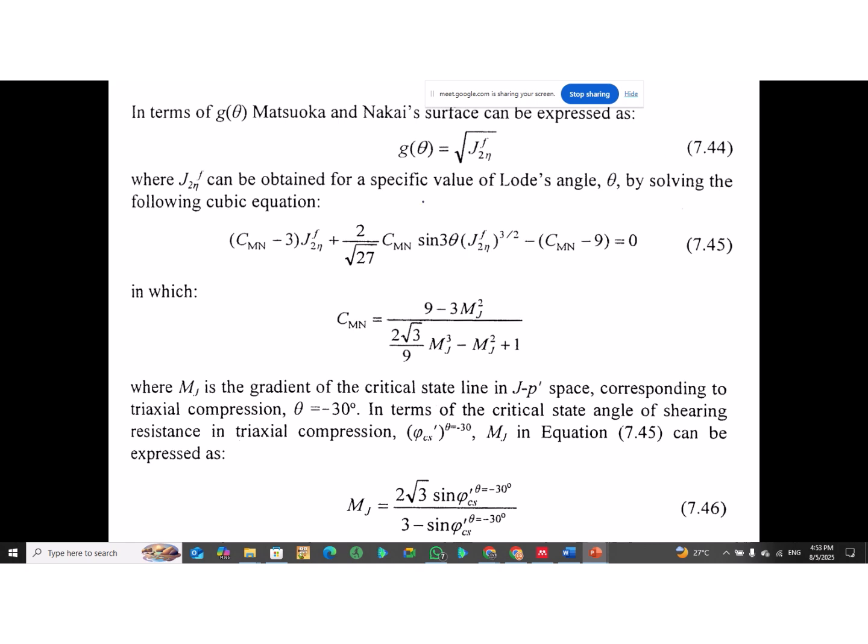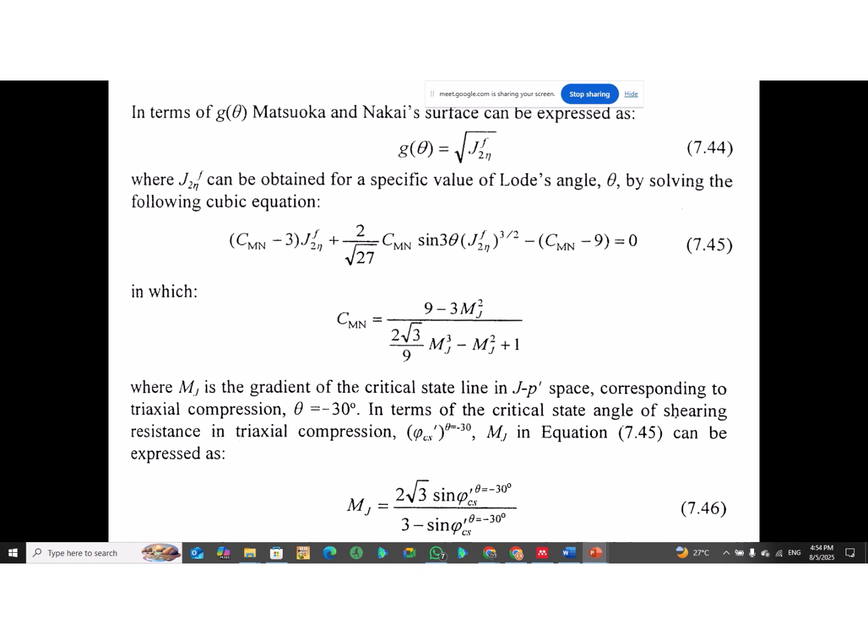So by solving the following cubic equation, we find that specific value of the Lode's angle, where mj is the gradient of the critical state line in JP space corresponding to triaxial compression, where theta is minus 30 degrees.